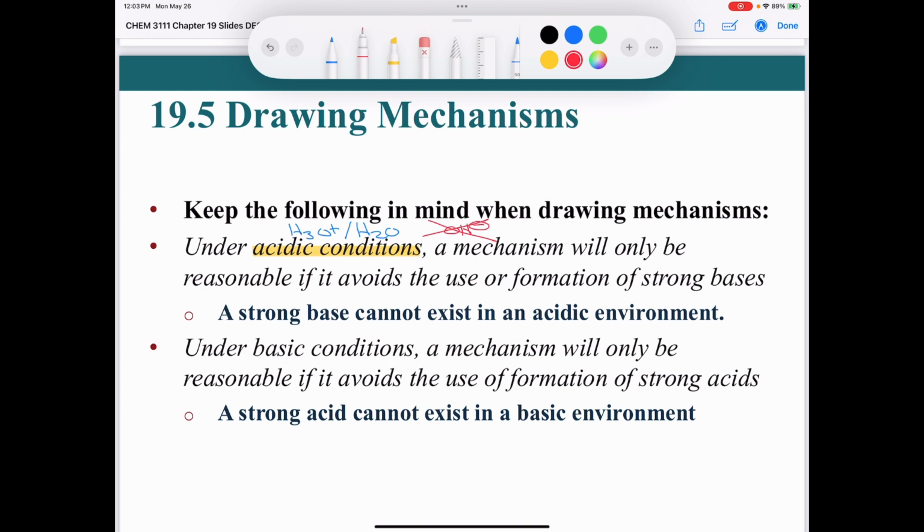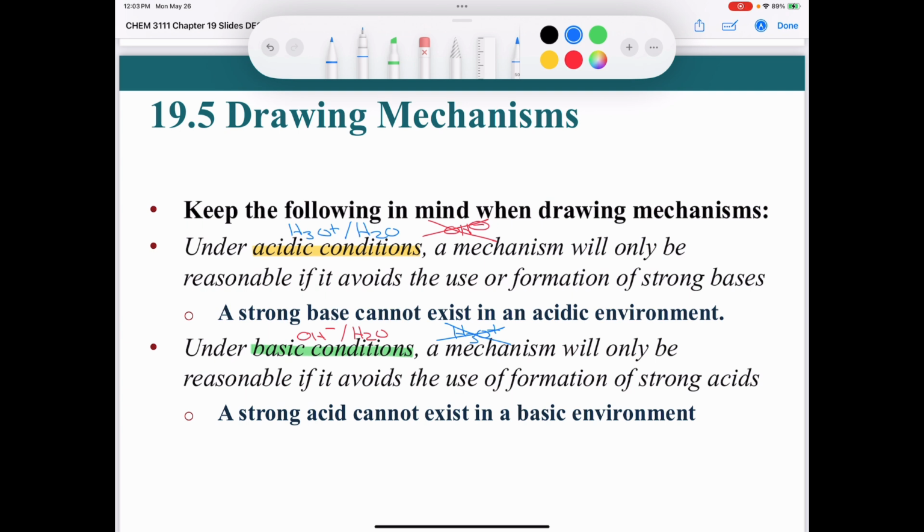There should be no strong bases existing in an acidic environment. Conversely, when you're drawing a mechanism in basic conditions, it's okay to draw OH-, a hydroxide ion. It's okay to draw water, which is the conjugate acid. But if you start drawing things like hydronium ions or positively charged ions in there, that's impossible. It's not going to exist.